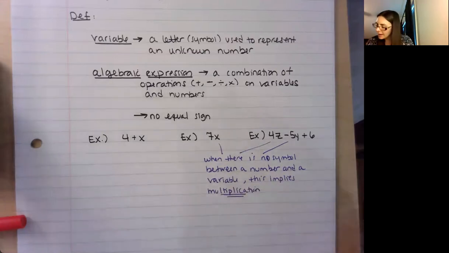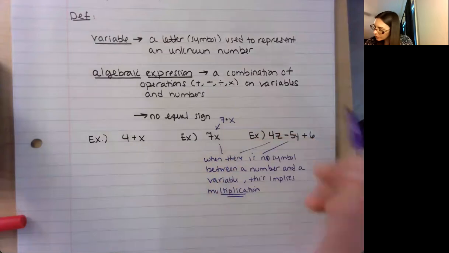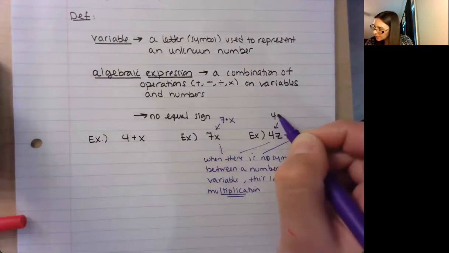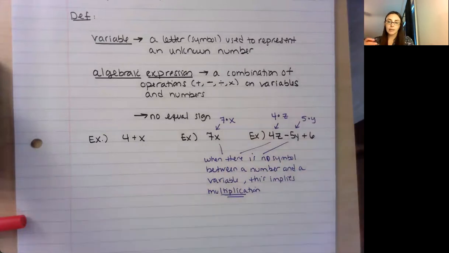So if you see 7x, this really means 7 times x. If you see 4z, 4 times z, or 5 times y. We're going to drop that multiplication symbol.